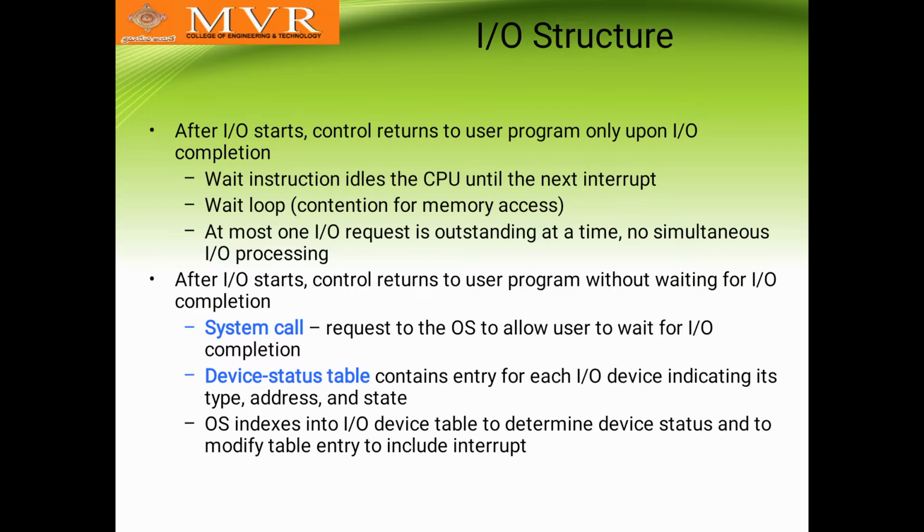Here there are two factors, that is system call and device status table. The system call is a request to the operating system to allow the user to wait for input output completion. The device status table contains an entry for each I/O device indicating its type, address and state. The operating system indexes into the I/O device table to determine device status and to modify the table entry to include an interrupt.